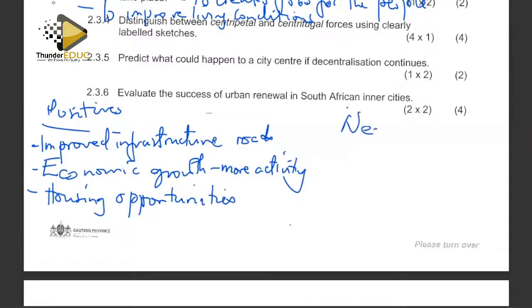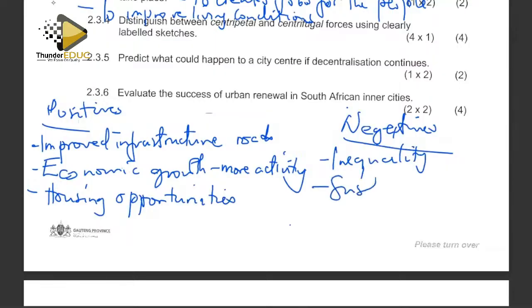Then we also need to evaluate the negatives. Is it successful? We check on other things like inequality. It has caused great inequality in the society, and we can also look at sustainability. Is it sustainable? Is it going to last?